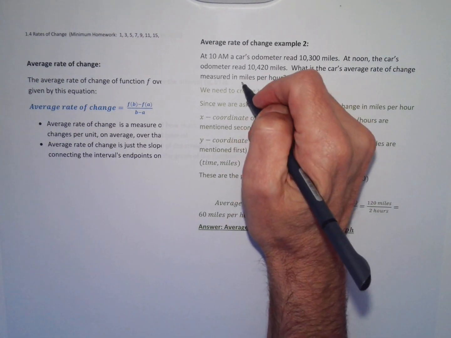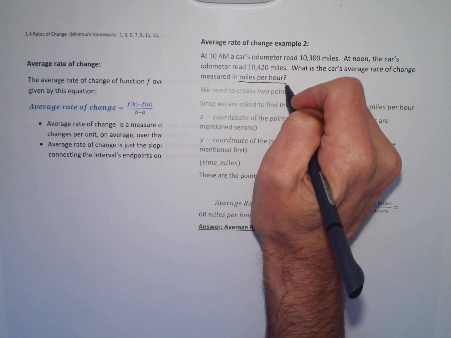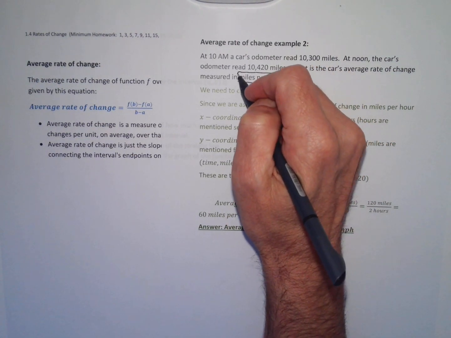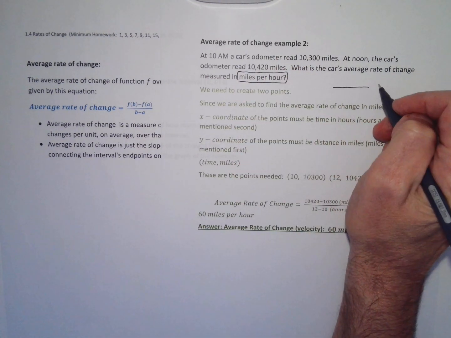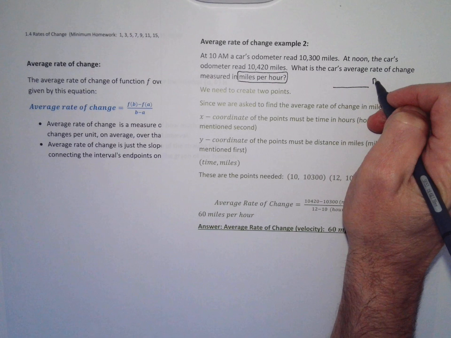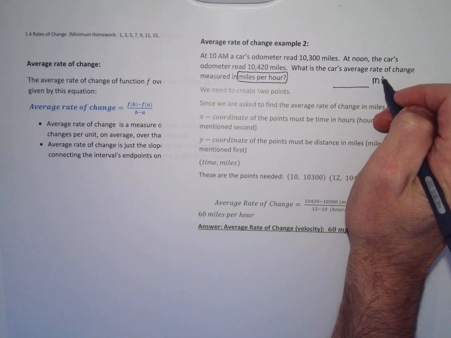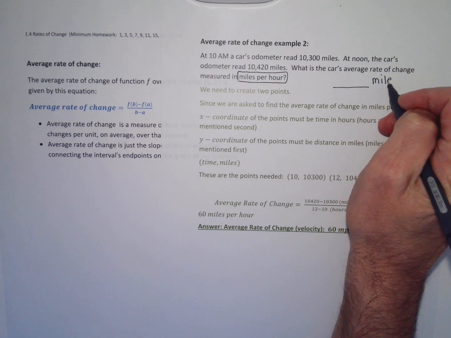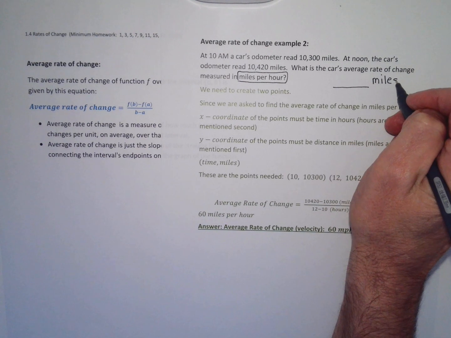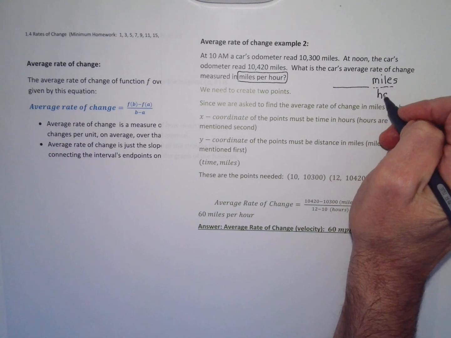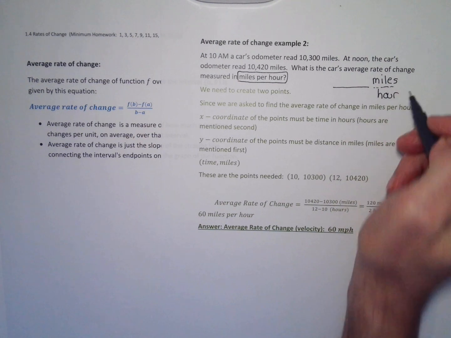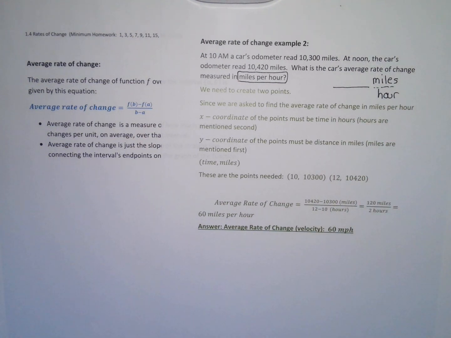And this completely tells me what needs to be x's and what needs to be y's. It gives me the units for the average rate of change. And we realize that average rate of change is a fraction that has the y's in the numerator and the x's in the denominator. And this fraction needs to reduce to miles per hour. How can I create a fraction that when I reduce it, I get miles per hour for my units?